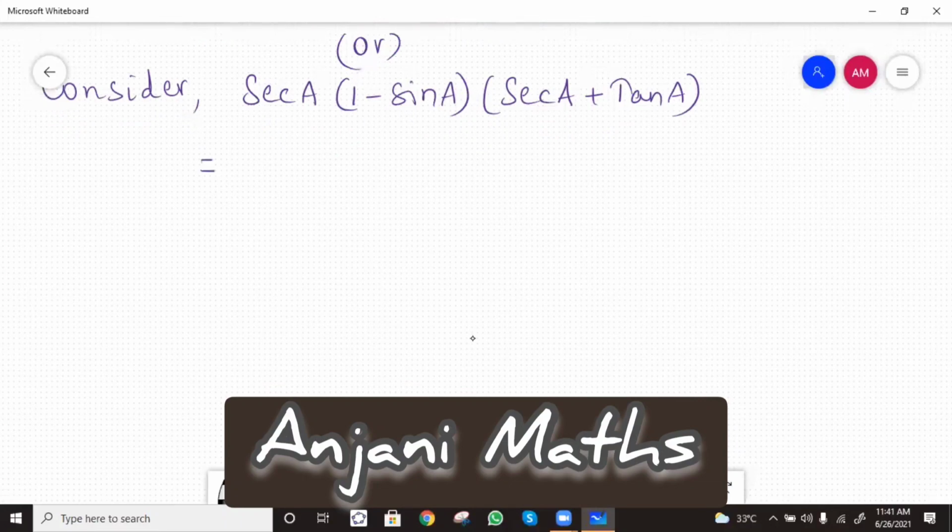What is secant A into 1? Secant A. Minus secant A into sin A. Let us write it like that.